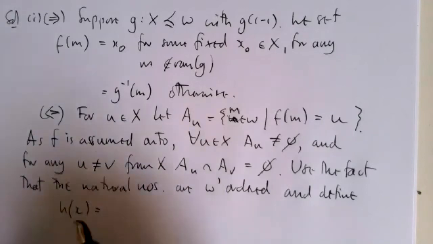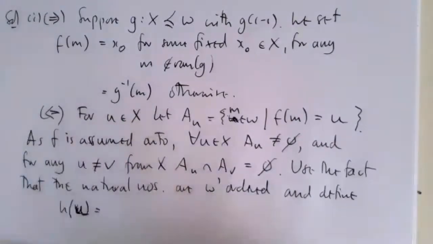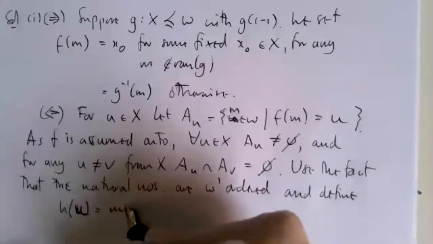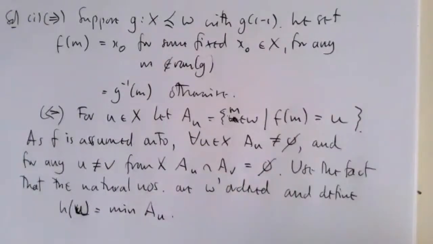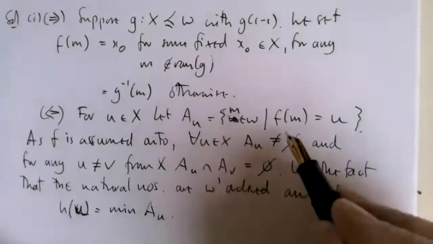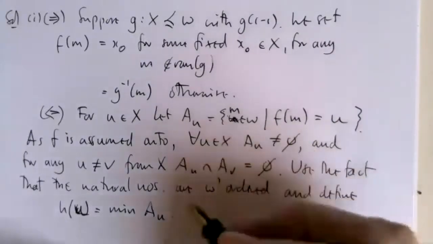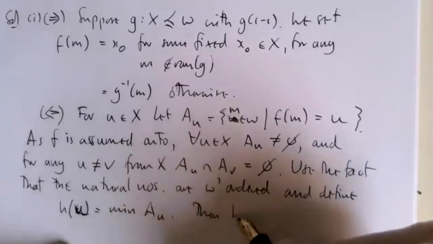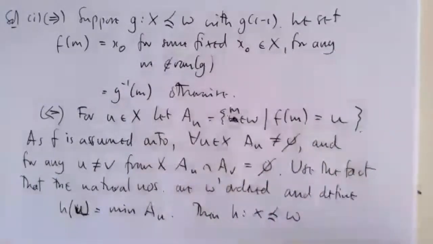Let h of u be the minimum of A of u. So we just pick one thing from A of u to send u to. So then h is going to send X 1 to 1 into omega.